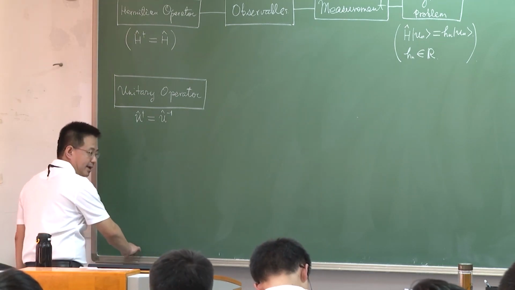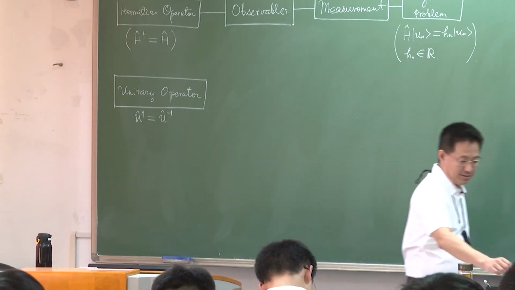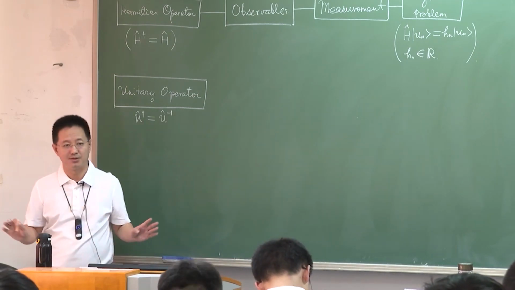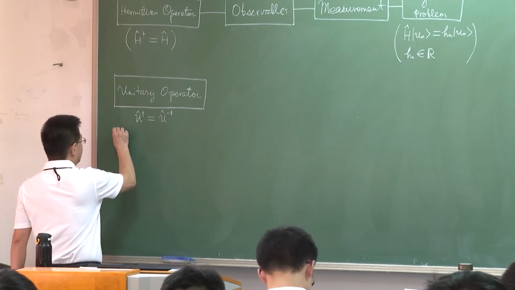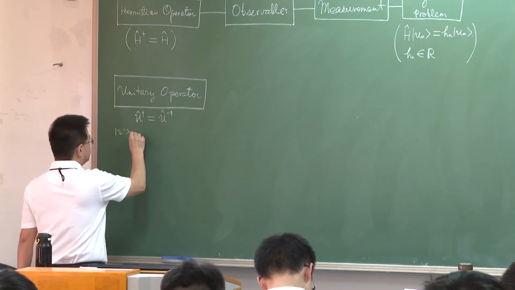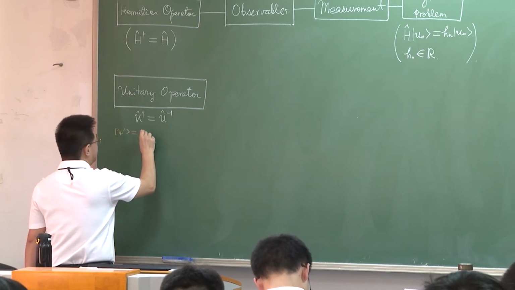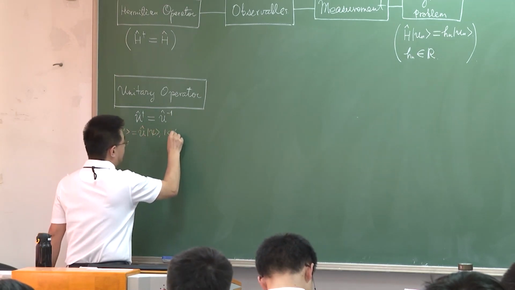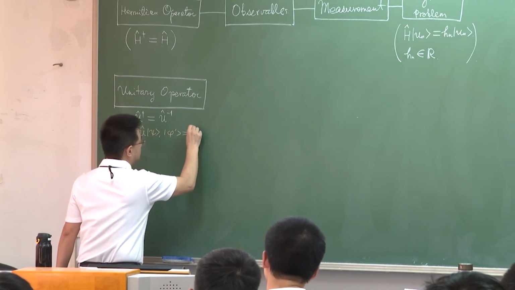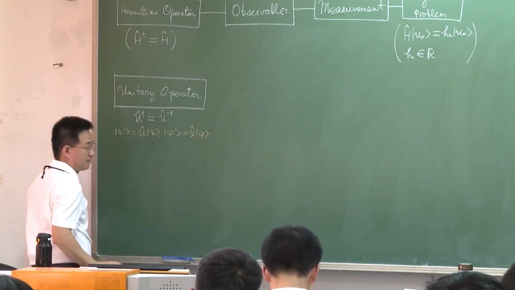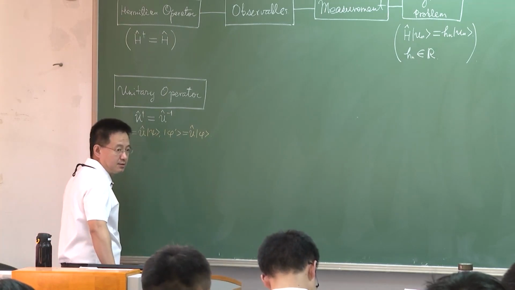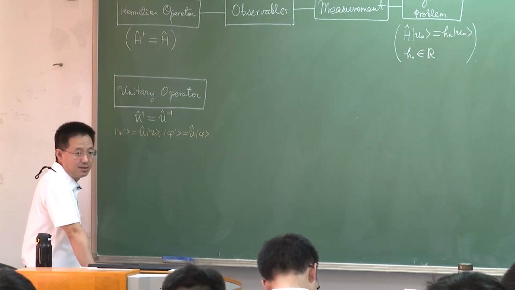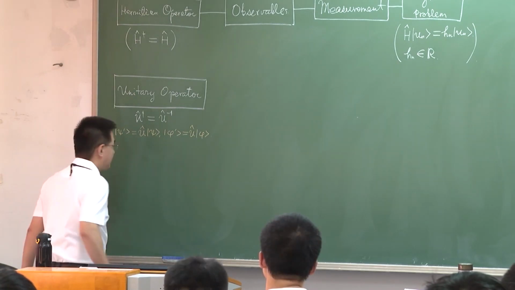But we should be very careful here about the unitary operators, because we will mention another thing that is called the anti-unitary operators. We have psi prime that is transformed by U from psi, and we also have phi prime equal to U phi. And what do we have after the transformations by the U operator? After transformation, we have the preservation of the inner product of phi and psi.